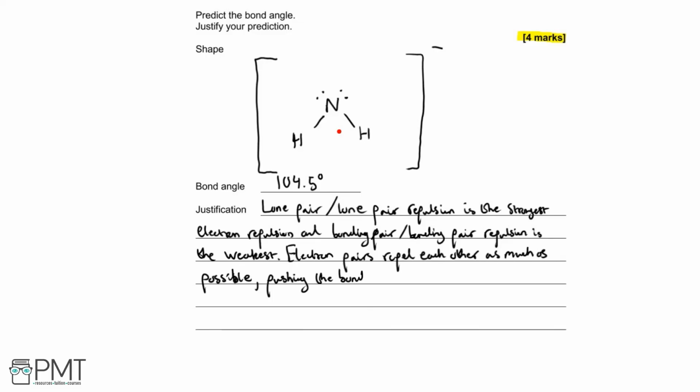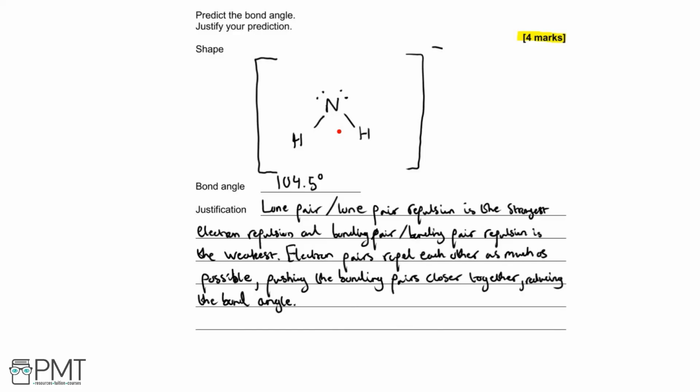So these lone pairs are as far apart as possible, but these bonding pairs, while they're pushing back, are weaker, their repulsion is weaker than with the lone pairs. So they get pushed together, which ends up reducing the bond angle from that 109.5 degrees in a tetrahedral molecule where we don't have any lone pairs to this, well, 107 first and then 104.5 as we add lone pairs, and it pushes the bonding pairs closer together.